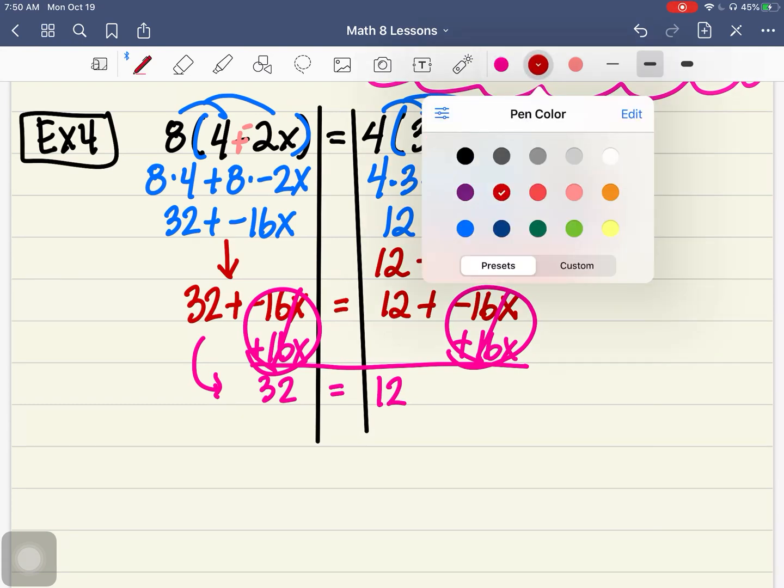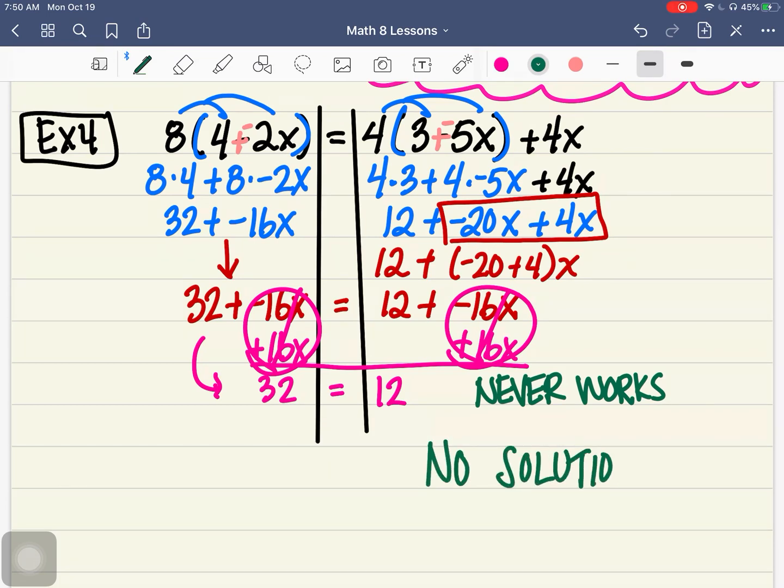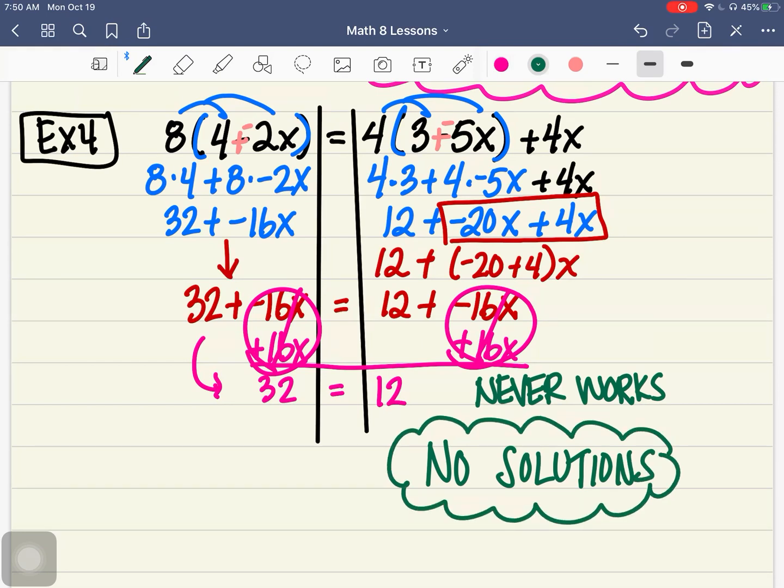Well, guess what? This is never going to happen. It never works. So in this case, there are no solutions.